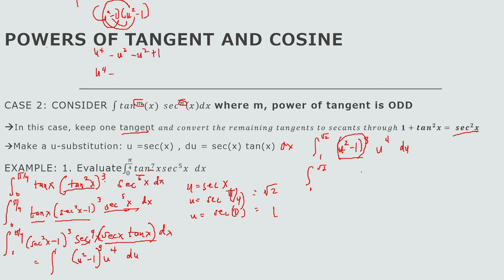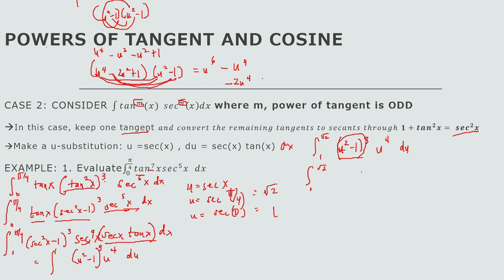So, that's u to the power of 4 minus 2u squared plus 1. Then, multiply again with u squared minus 1. So, that is u to the power of 6 minus u to the power of 4 minus 2u to the power of 4.